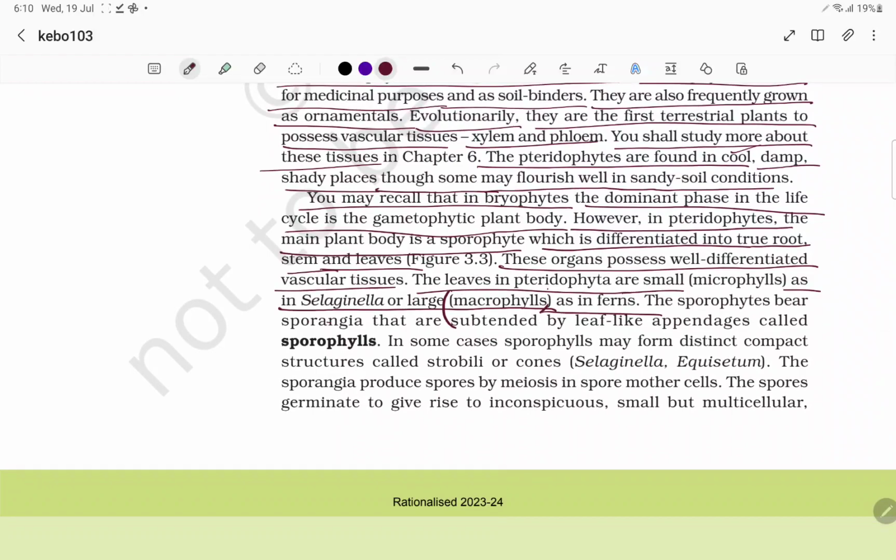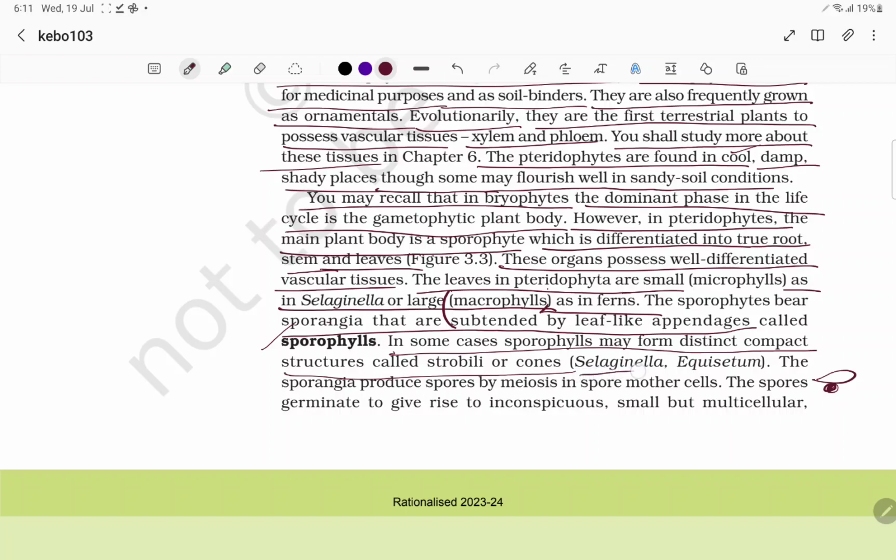The sporophyte bears the sporangia that are subtended by leaf-like appendages. Actually, below the leaf-like appendages we have the sporangia, and that's why we call them sporophylls, because they are spore bearing. In some cases, the sporophylls may form a distinct compact structure, which we call a strobilus or cone.